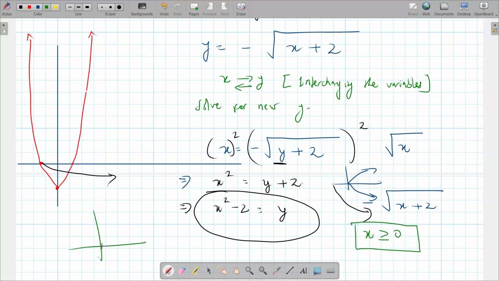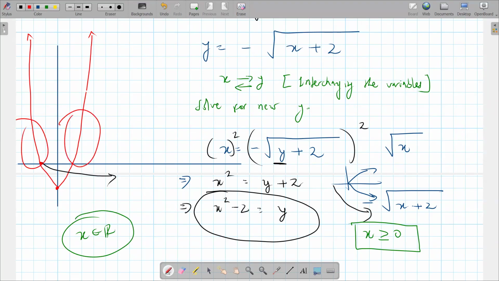So you'll never get a double-sided root function. You'll only get one side at a time because it's restricted by its domain. But for a quadratic, the domain is all real numbers, so it's not restricted. That's why it has two chunks compared to the one chunk of the square root.